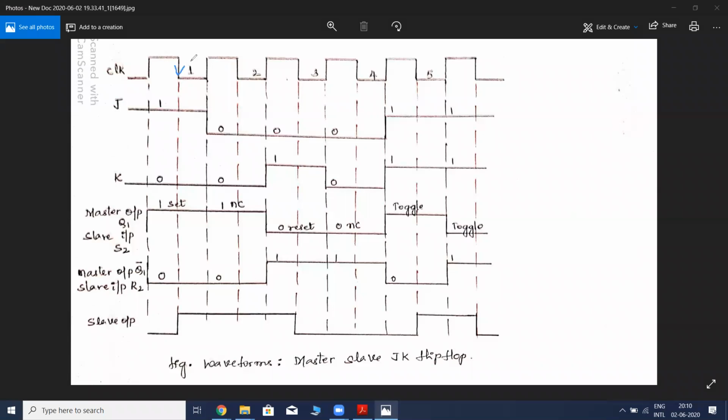You could see how we are going to get the slave output: it is copying the master during this time. Okay, what is the master output over here? It is set, that is 1. Because of that, here it became 1 like this. Okay, so it will be 1 until here, until it gets one more negative edge over here.